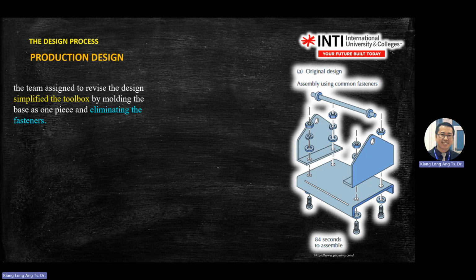What kind of design can you come up with by eliminating the fasteners? Maybe I'll give you 1 minute to think about it. How would you eliminate the fasteners?